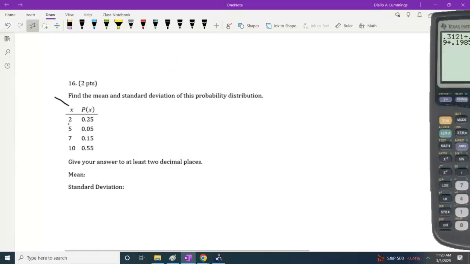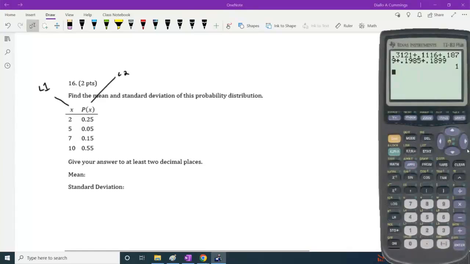We're simply going to put in the random variable as L1 and the probability distribution as L2, use that one variable statistic, and then pull out the mean and the standard deviation. So the first thing we're going to do is put the probability distribution in the calculator.